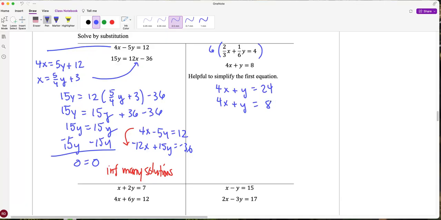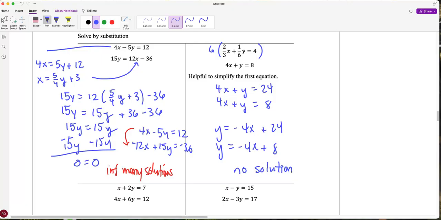These are two equations that are going to have the same slope. Just look at it. Y is equal to negative 4x plus 24. Y is equal to negative 4x plus 8. These are equations that have the same slope but different y-intercepts, which means they're parallel, they never intersect. This has no solution.